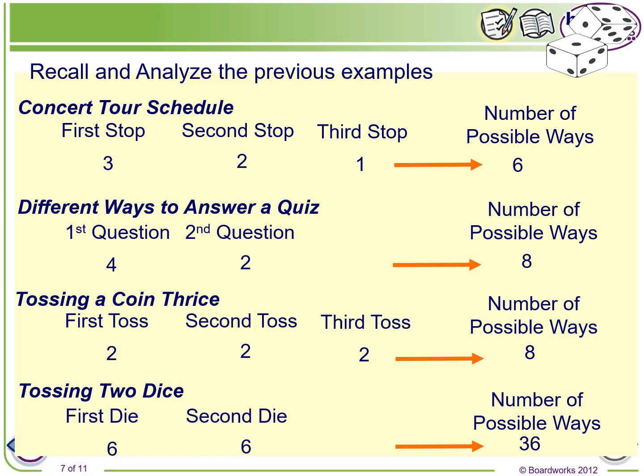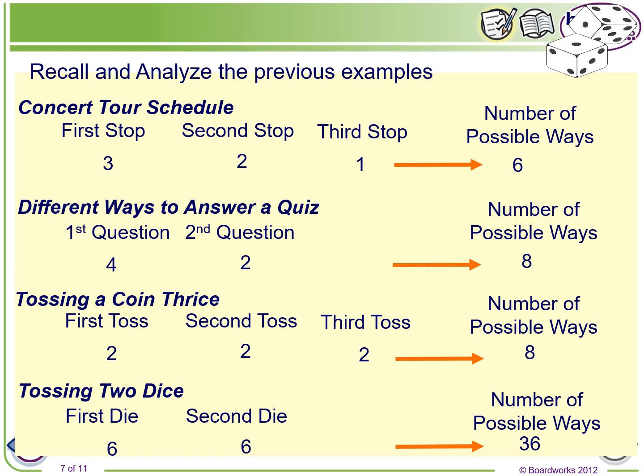In the different ways to answer a quiz, there is 4 in the first question and 2 in the second question, and that becomes 8. In tossing a coin thrice, why does it become 8 from the first toss, which is 2, the second toss, which is 2, and the third toss, which is 2? And tossing 2 dice is the same.